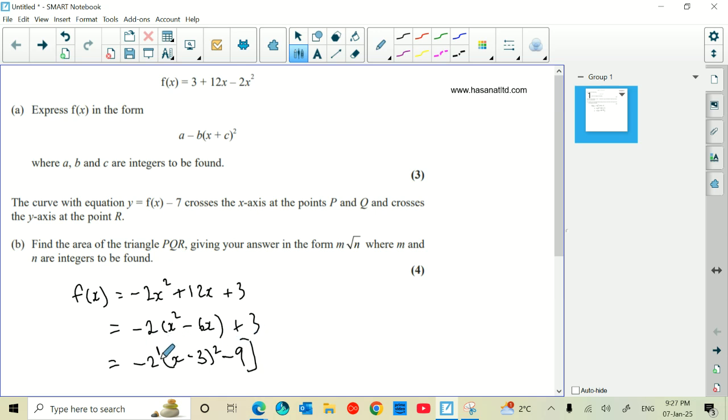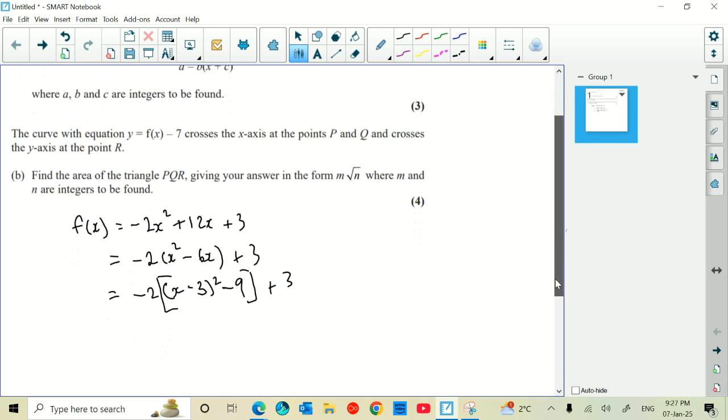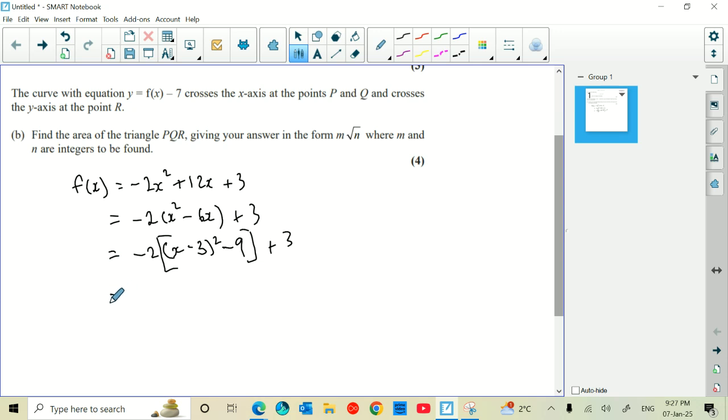So I've got to take away 9, and then of course add the 3. Now I can expand that little section there. I would end up with minus 2 times x minus 3 all squared plus 18 and plus 3.